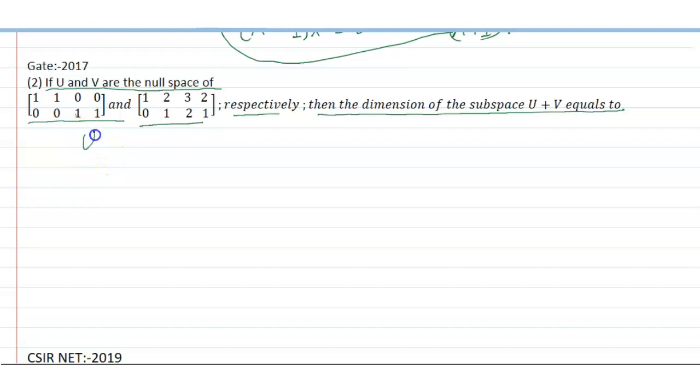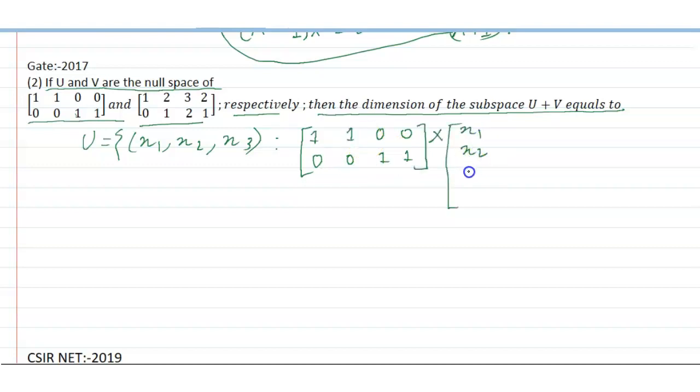Let u be the null space of the matrix 1 1 0 0 and 0 0 1 1 acting on x1, x2, x3, x4.